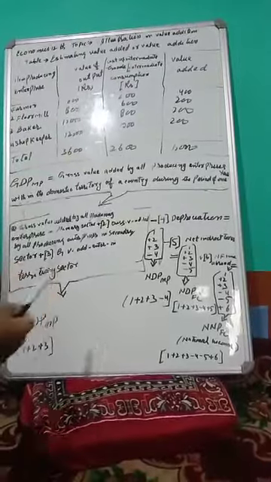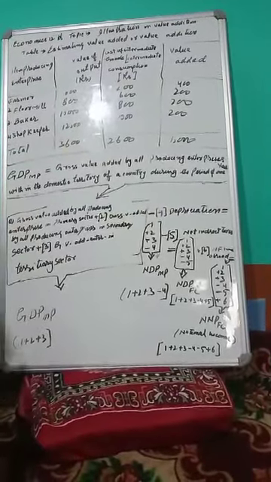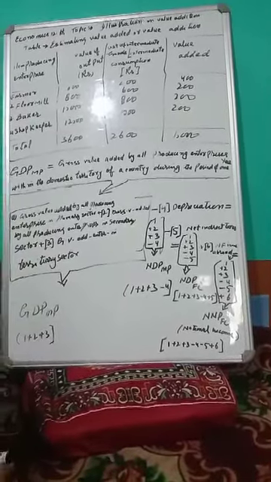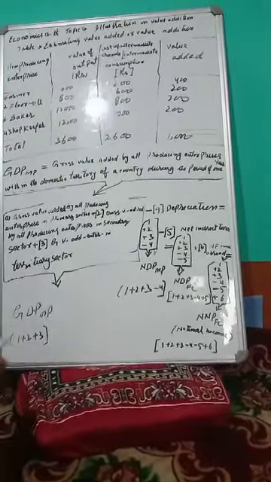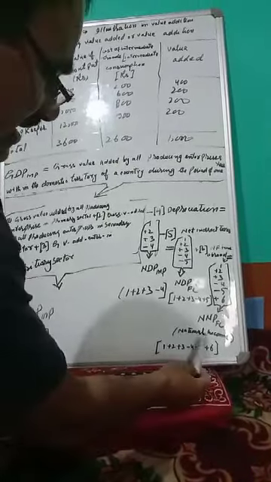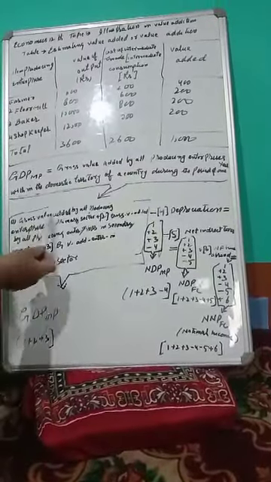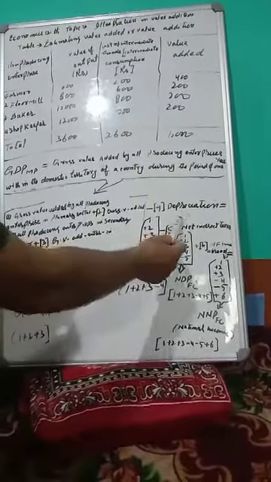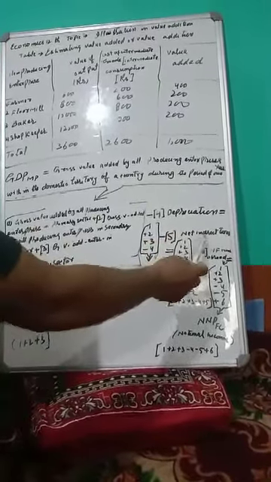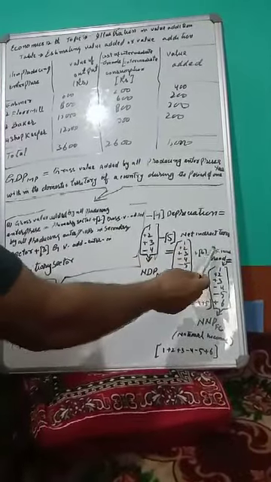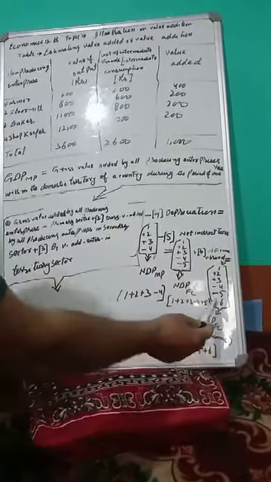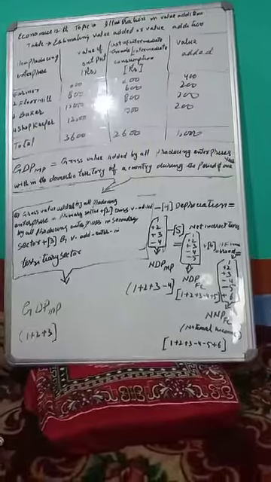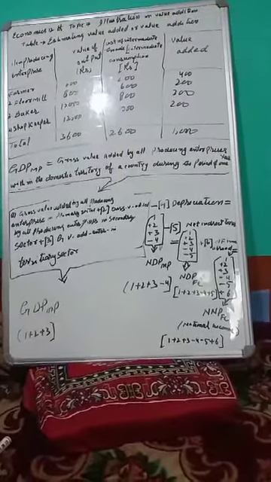And then we get gross domestic product at market price, that is 1 plus 2 plus 3. Then we will get national income at last: 1 plus 2 plus 3 minus 4, that is depreciation, minus 5, that is net indirect taxes, and plus 6, that is net factor income from abroad. That is net national product at factor cost.